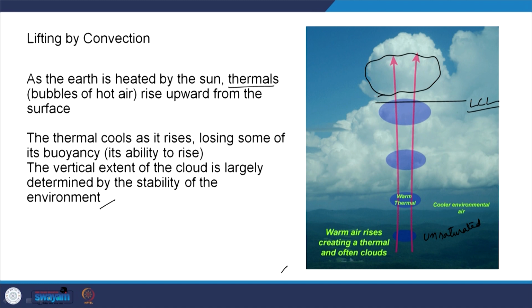Now, the type of cloud is again a concept that we are going to discuss. The type of cloud or the amount of moisture content that will be available in the cloud will depend on several parameters, and the most important parameter is the stability of the environment. I mean, how stable is the environment to allow such a cloud to develop.